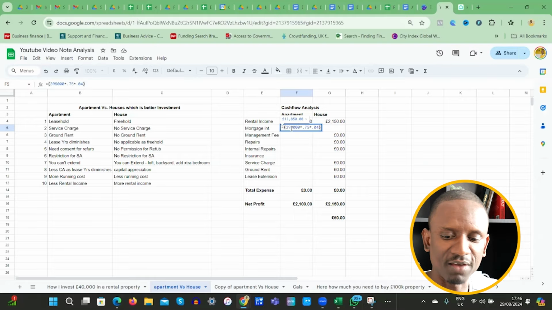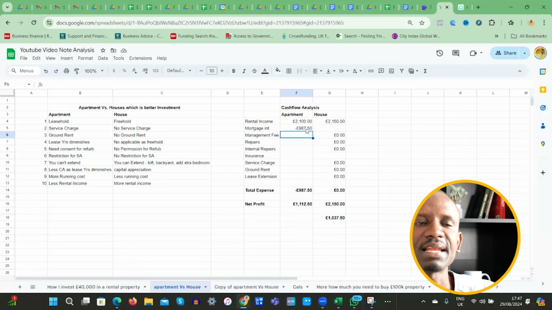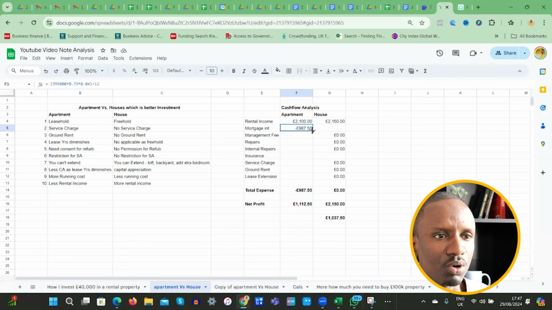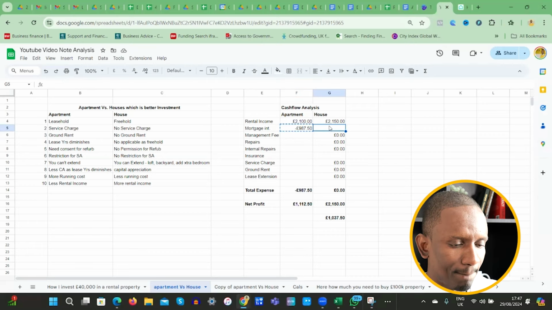So we times that by 4%, and obviously we divide that by 12 to give us our monthly interest payment. That then gives us £987.50. So obviously we want to do it like for like. We paste that there.